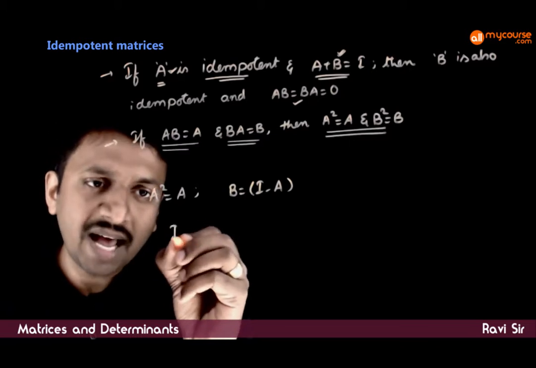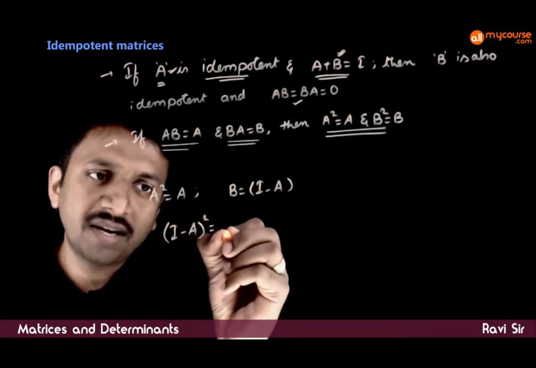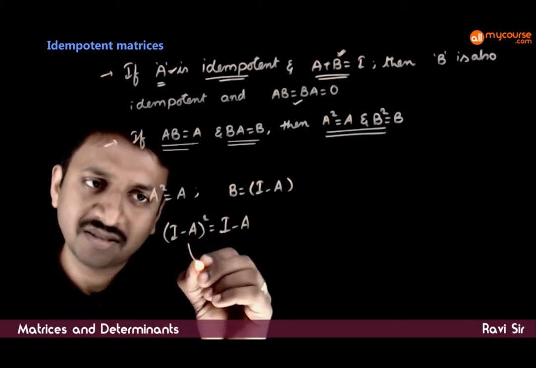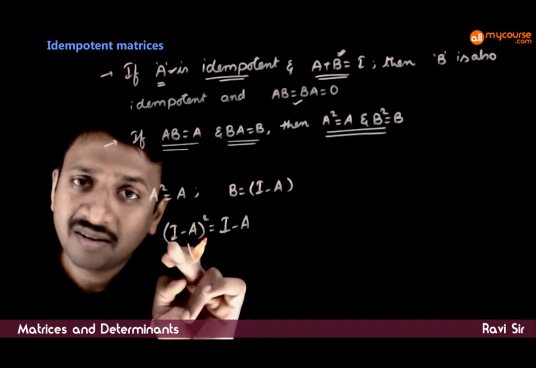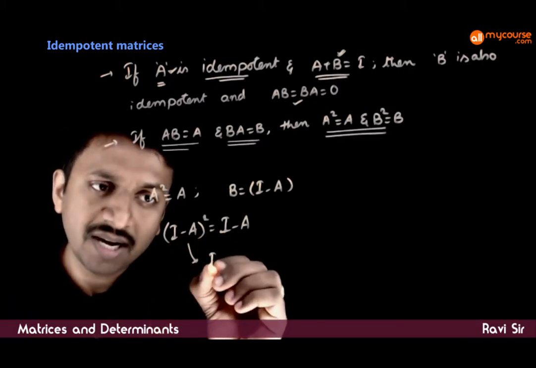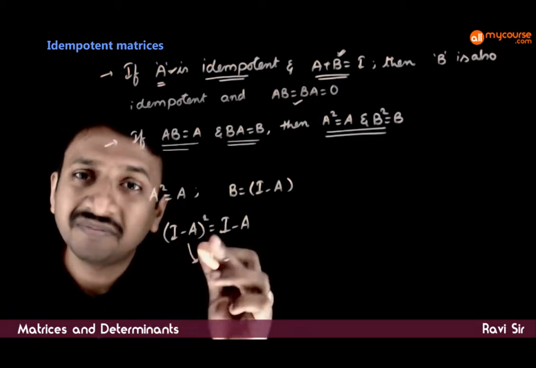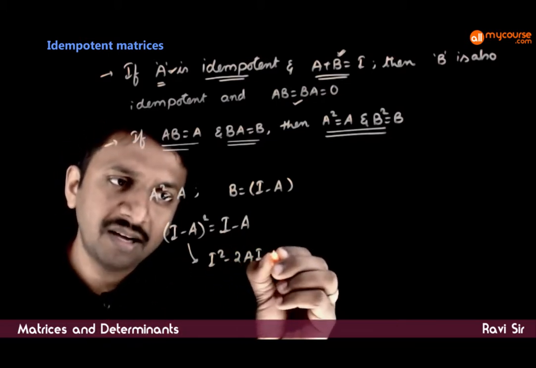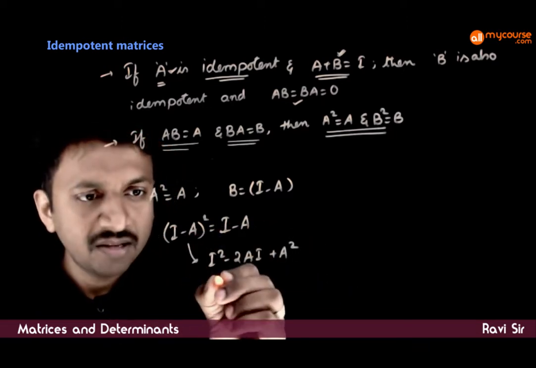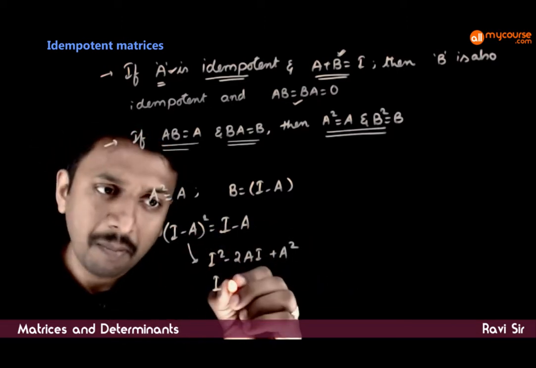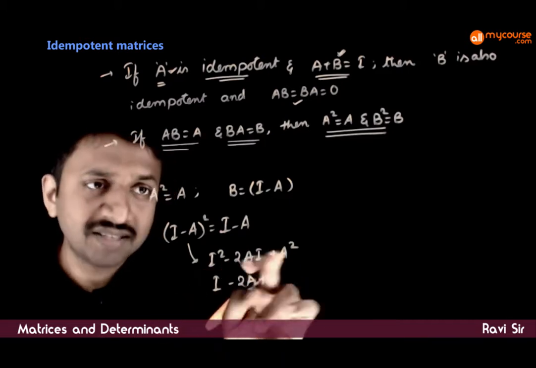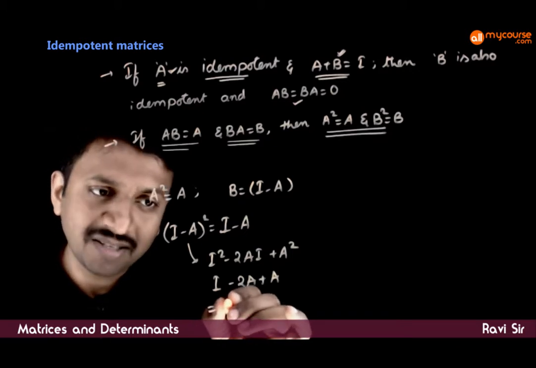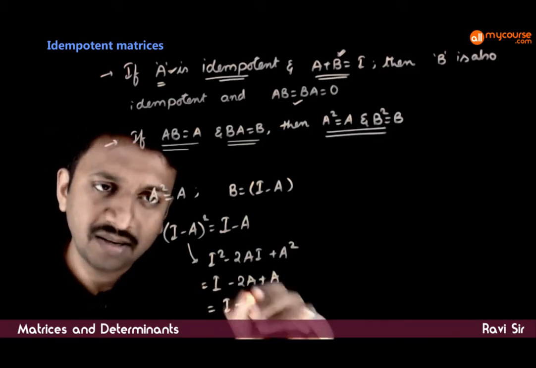You just need to prove that I minus A whole square is equal to I minus A. I minus A whole square, I and A are commutative, so I can directly expand it using the binomial expansion: I square minus 2AI plus A square. So I square is I, minus 2A, plus A square, which is the same as A because A is assumed as an idempotent matrix. That is equal to I minus A.